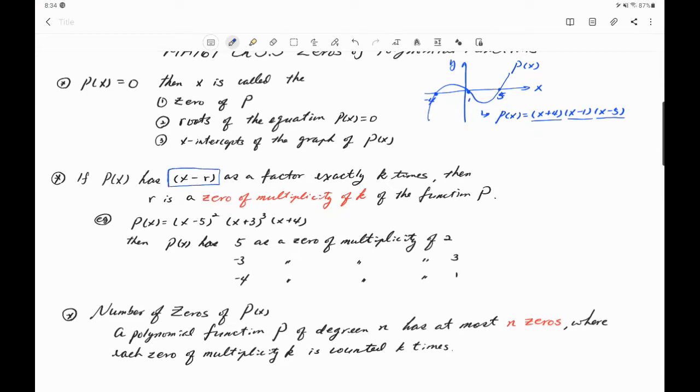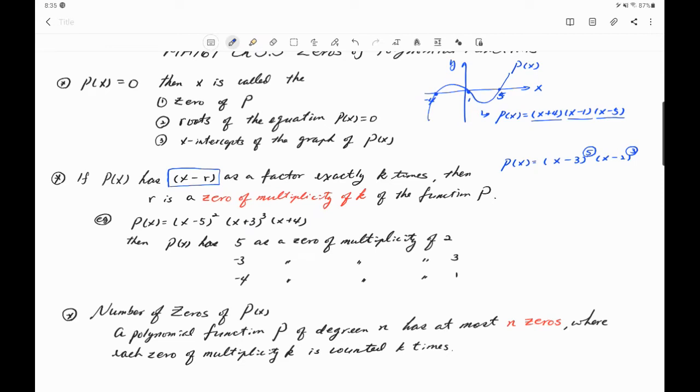So if p of x has x minus r, a binomial, as a factor exactly k times, that means p of x can be something like x minus 3 to the fifth power, x minus 2 to the third power. So the factor occurs exactly 5 times, or in this case 3 times.